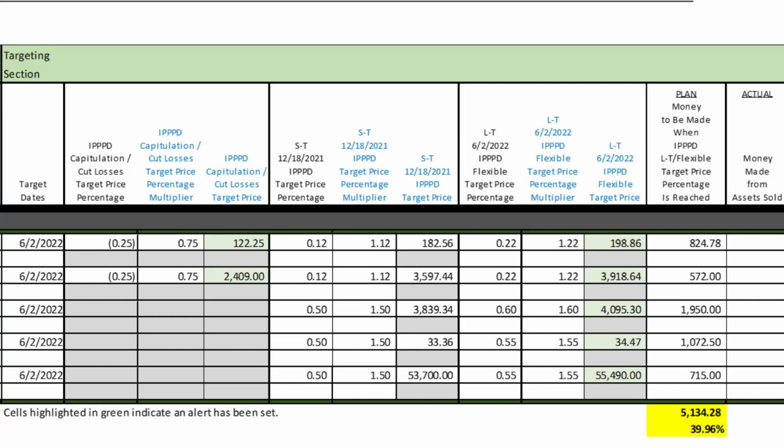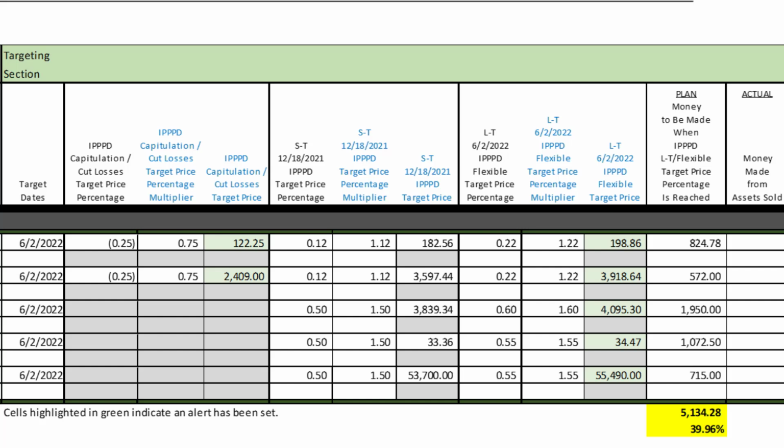Polkadot's 50% target percentage plus 5% equals its 55% flexible target appreciation percentage, or 1.55 multiplier for a flexible profit target price of $34.47.